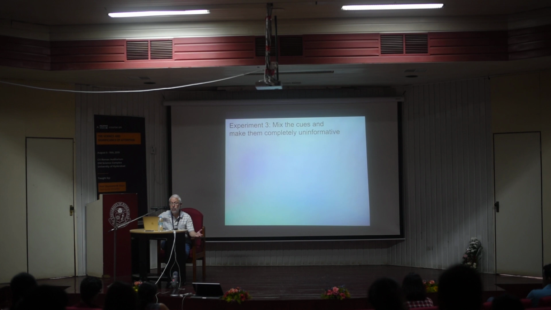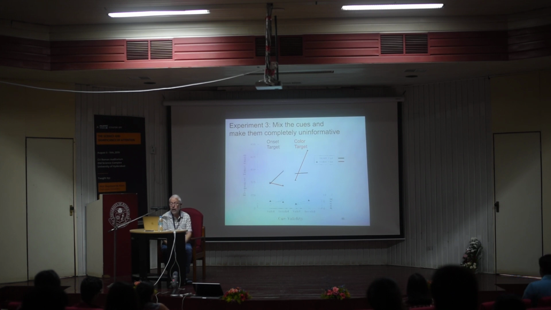I don't know what the results were like from our lab, but the results are pretty dramatic and important. Let's look at the onset target results on the left-hand side. So the target is a unique onset. We're looking at whether the target was presented at the location where the cue had been presented, which we call valid, or at a location where the cue hadn't been presented. There would be 3 of those, invalid. And what we see is when the target is an onset, the onset cue has a cueing effect.